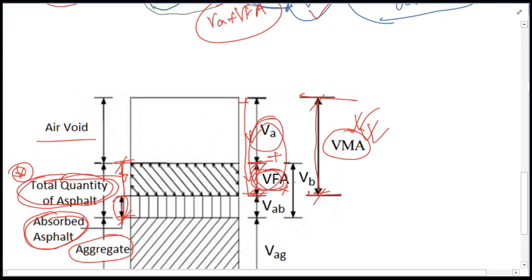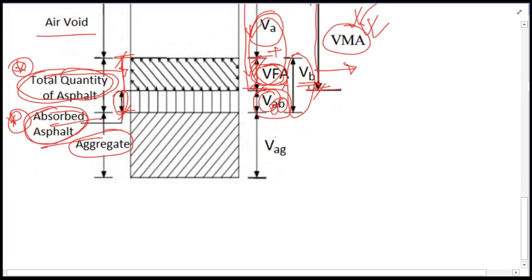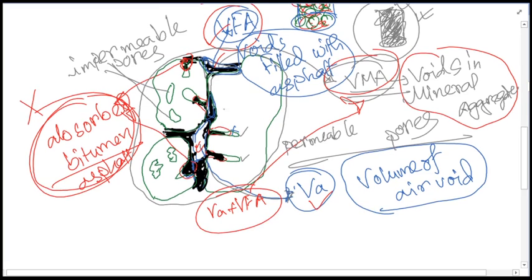Again, this can be designated as VB, the volume of bitumen or asphalt. And this is VAB, the absorbed asphalt, the volume of absorbed bitumen. And this is VAG, the volume of aggregate, the actual solid volume of aggregates we are talking about.